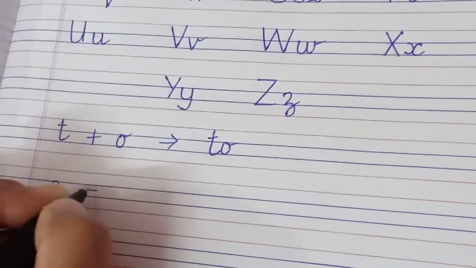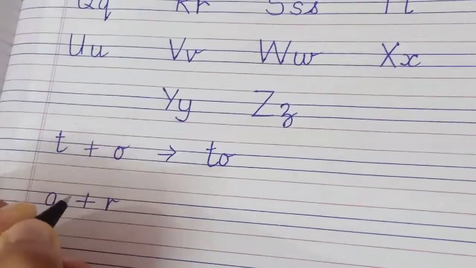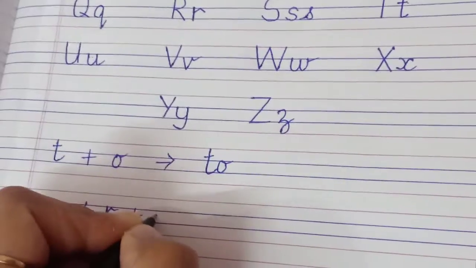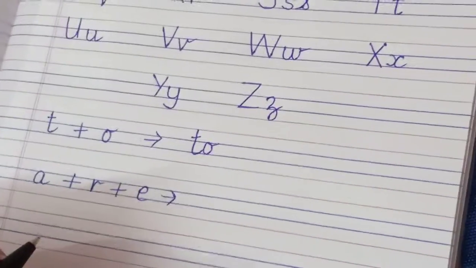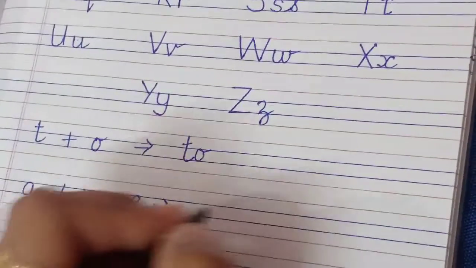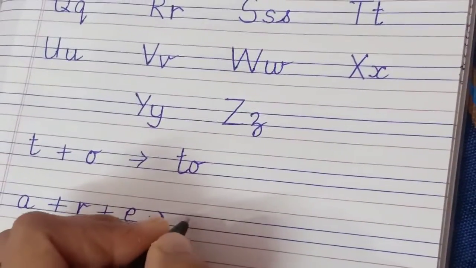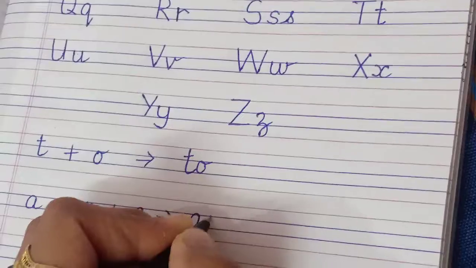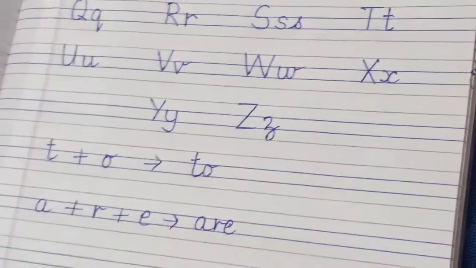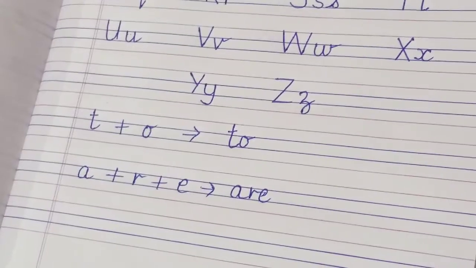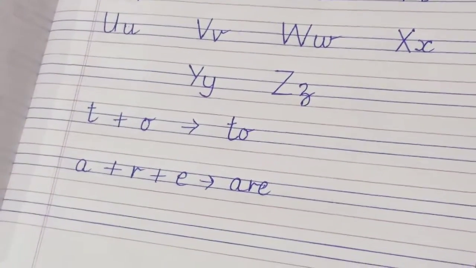And now if we are writing A plus R plus E, so the word will become 'are'. A-R-E, 'are'. So how you will write? A, R, E, 'are'. This is the correct formation. Is that clear, children?